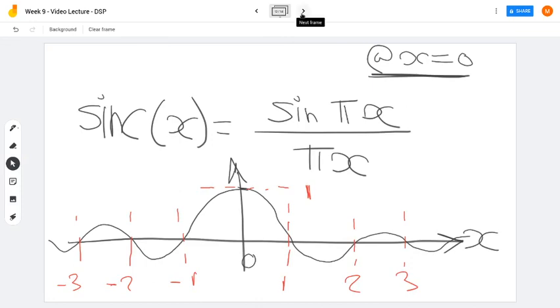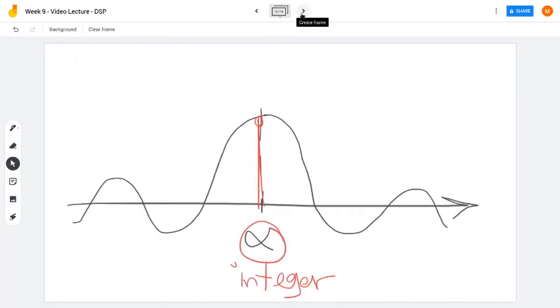And if it's shifted to the right by alpha, which is an integer in this case, we will be having a sample at alpha and samples at the integers next to alpha, before and after alpha, and we will be having some sort of symmetry of samples. This sample is equal to this sample, and a sample over here and a sample over there will be equal to each other. This symmetry is very important for a linear phase.